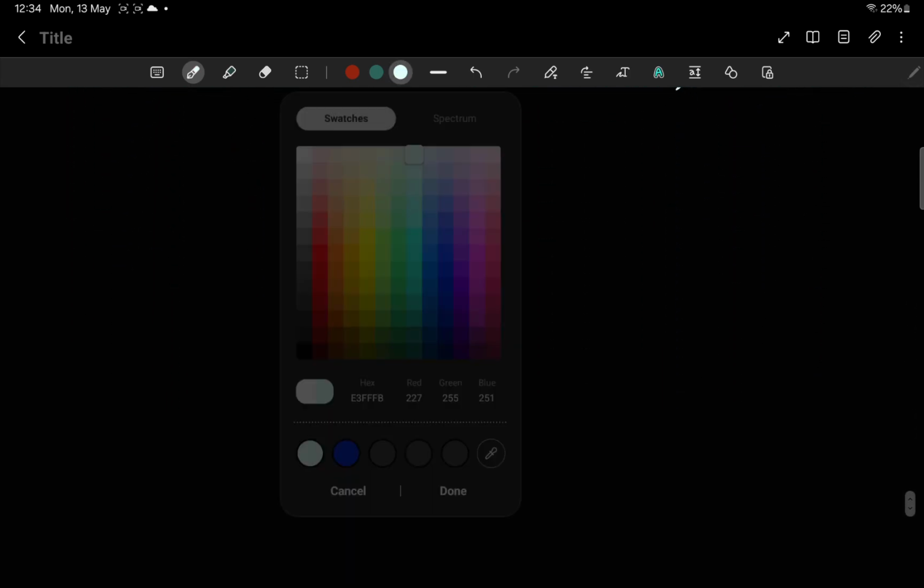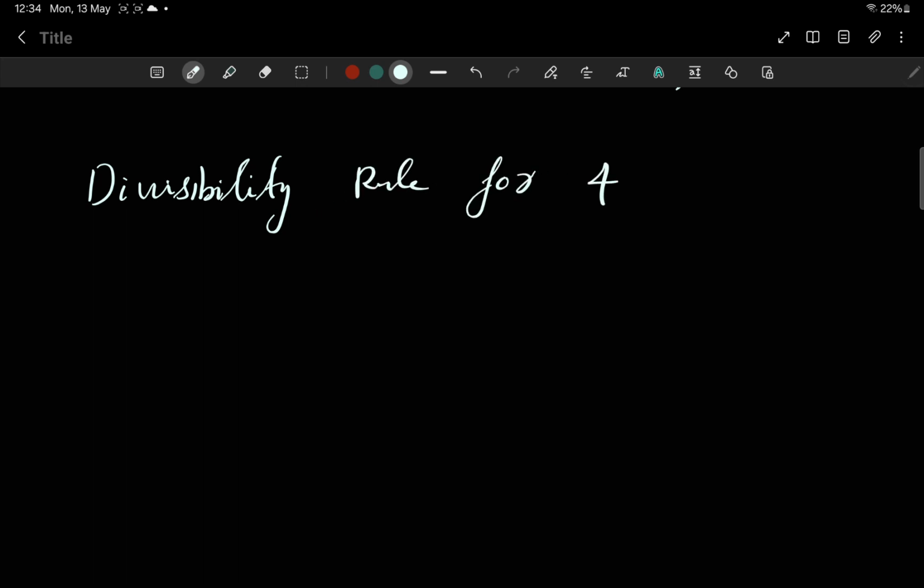Okay, next going to the divisibility rule for 4. I'm writing an example, so it's better to explain with an example. 764. In this we need to check the last 2 digits, that is 64.